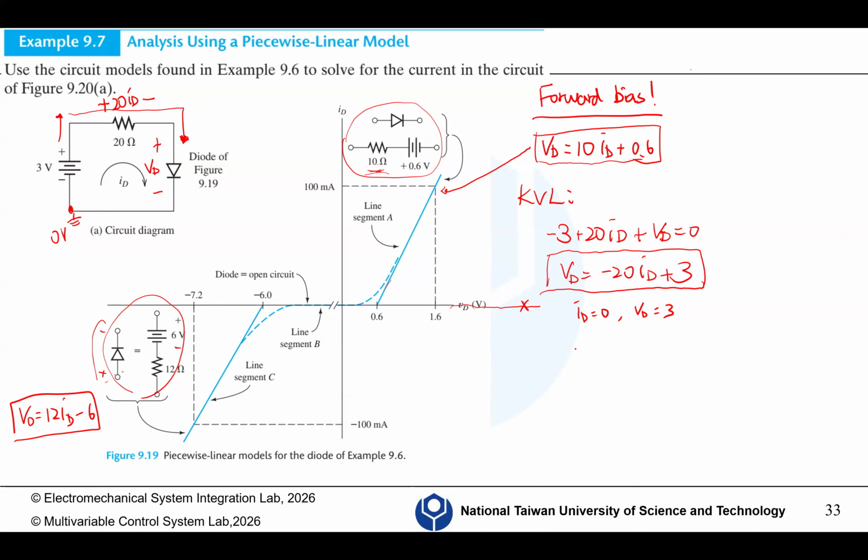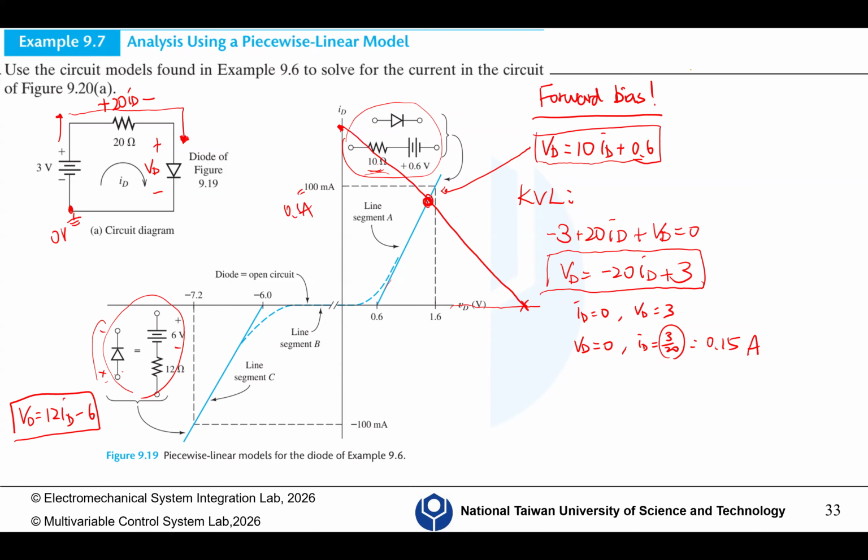And when VD is 0, ID equals 3/20, which is a positive number, approximately 0.15 ampere. This is 0.1, right? So 0.15 might be this point. So we can connect these 2 points.